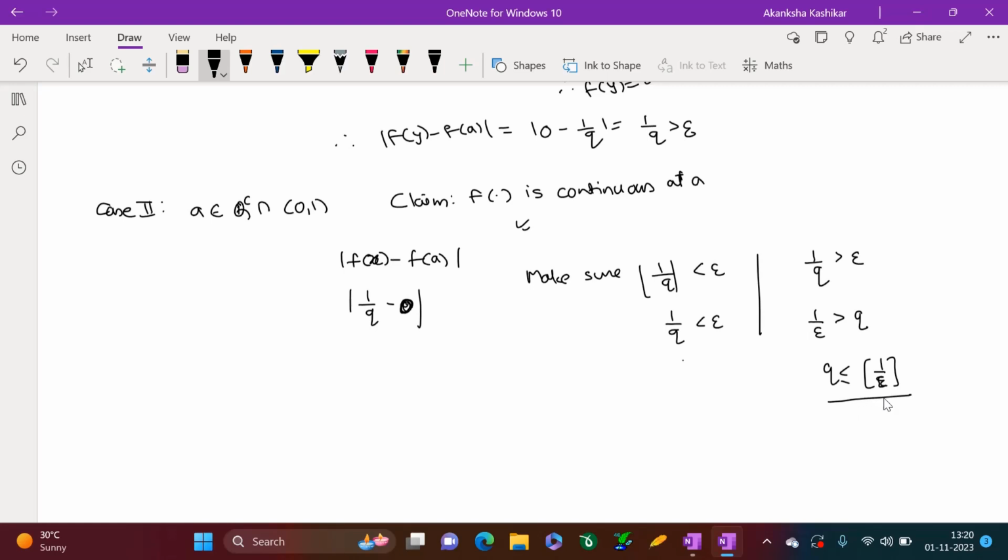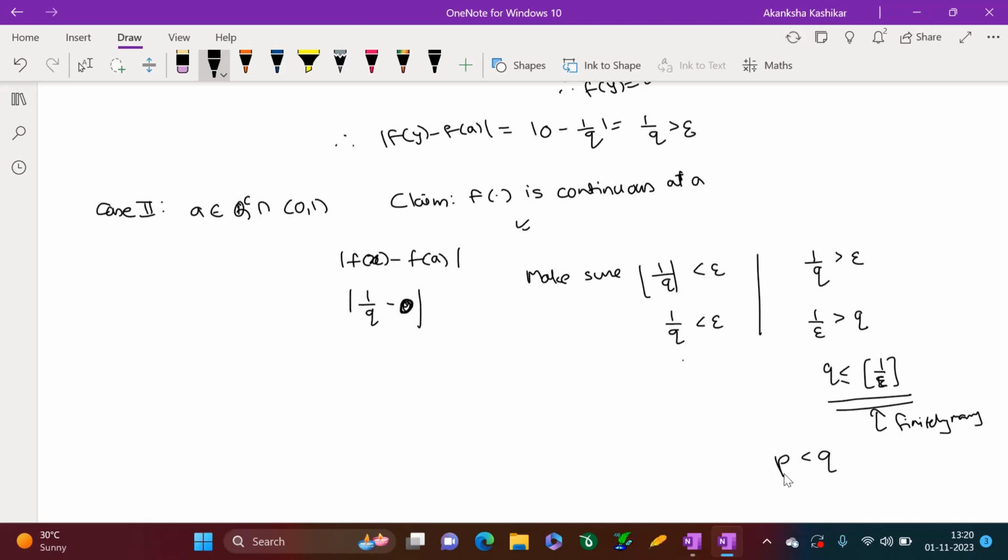So how many possible values of q are there for which q will be less than or equal to integer part of 1 by epsilon? This number is finite. I'll have finitely many values of q which are possible in this range because q is a natural number. And we know that p is less than q because p by q is less than 1.